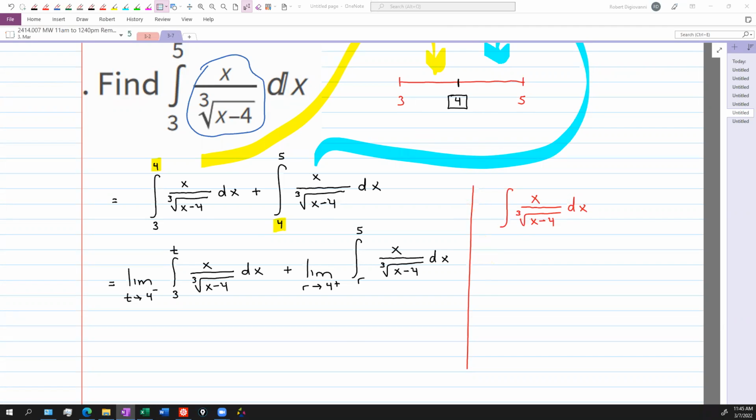I'm going to start working that integral out. See if you get what I'm doing here.